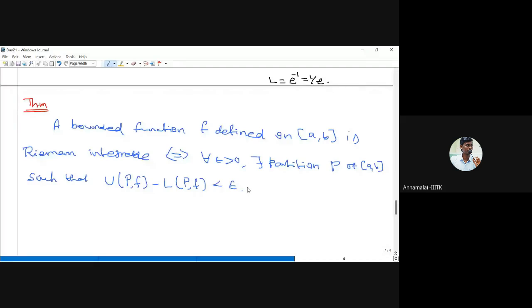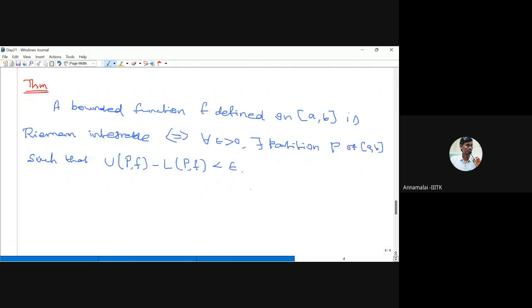I already said that continuous functions are integrable and monotone functions are integrable. Now we have some more theorems: the composition of one continuous function and one Riemann integrable function is Riemann integrable.